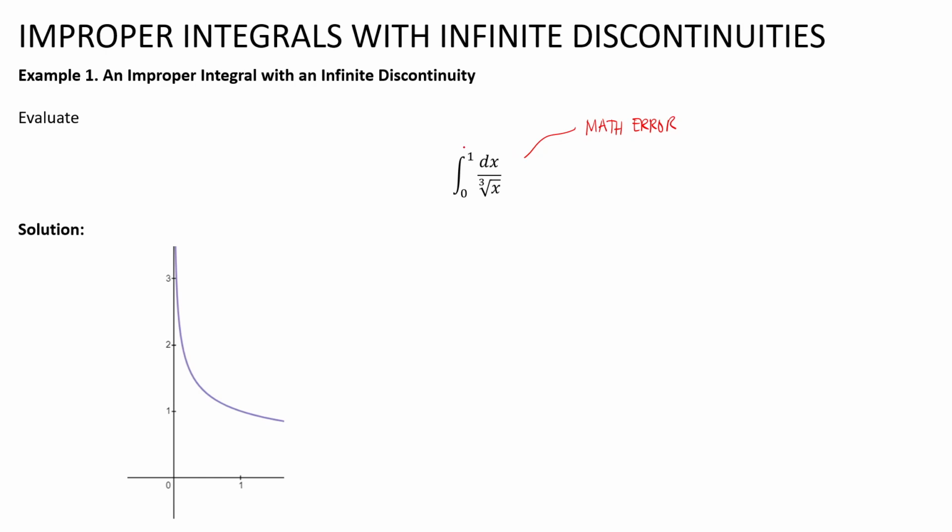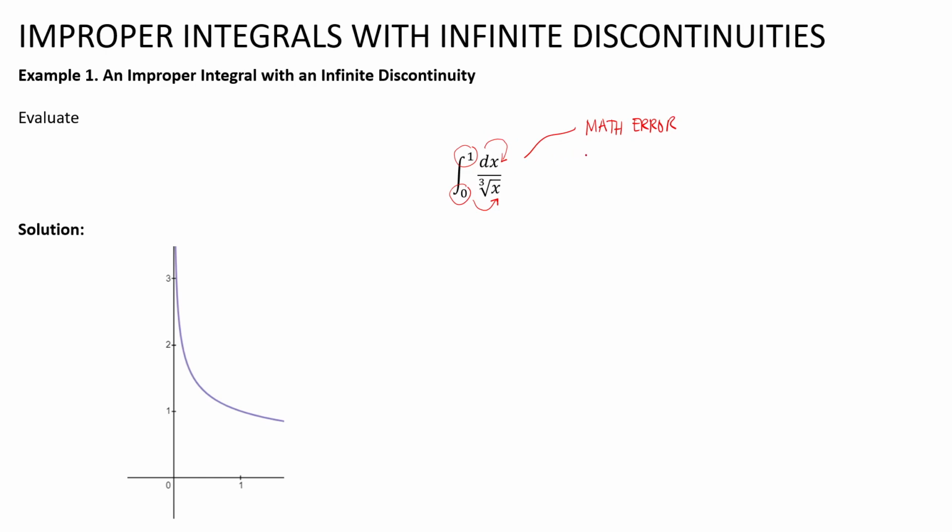My tip here is you're going to plug in 1 in the given equation and then plug in 0 also in the given equation to evaluate which limit is the discontinuous limit.